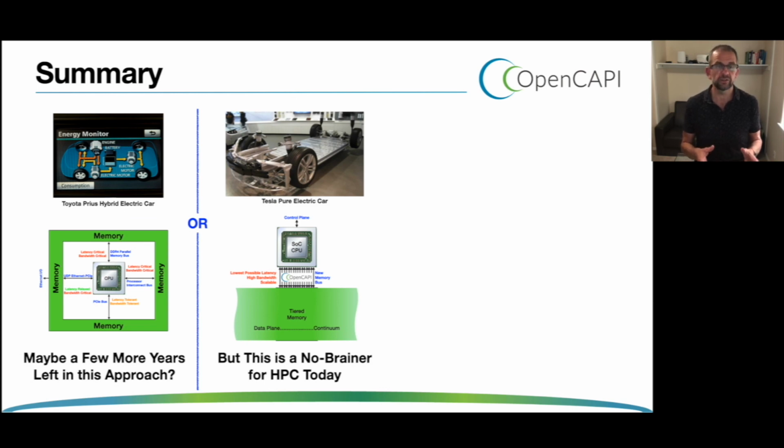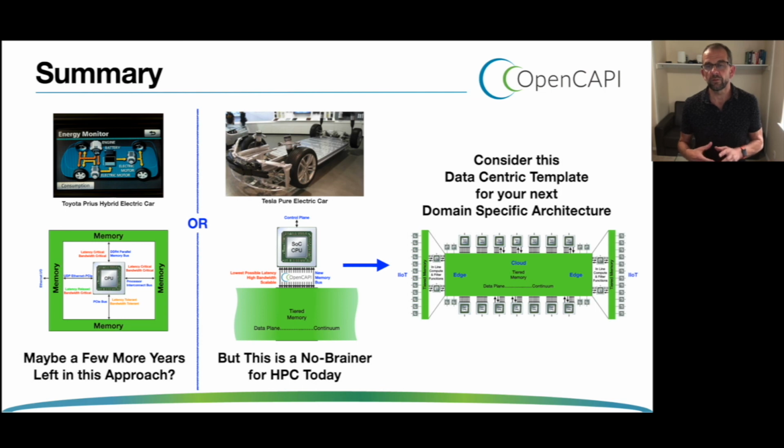The only thing I'd ask you to take away is, whichever camp you sit in, the hybrid camp or the pure camp of data-centric computing, really look at your problems. Consider this data-centric template for your next domain-specific architecture. If you look at your problem in this light, you will be able to come to the correct conclusions as to the best way to build your computing architectures.